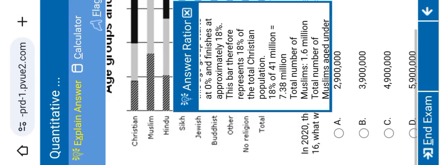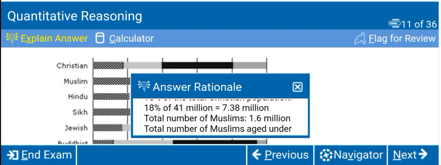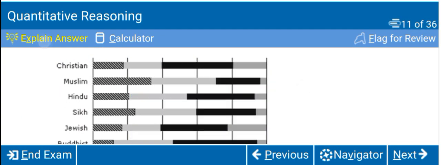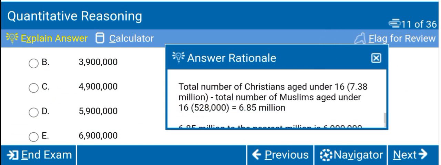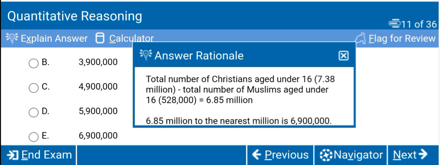So total number of Christians aged under 16, 7.38 million, minus total number of Muslims aged under 16, 528,000, equals 6.85 million. 6.85 million to the nearest million is 6,900,000.